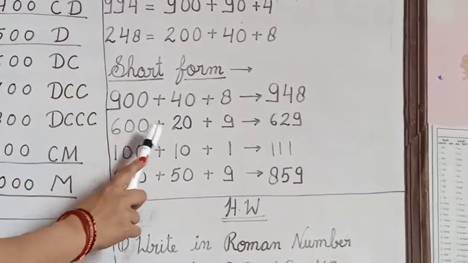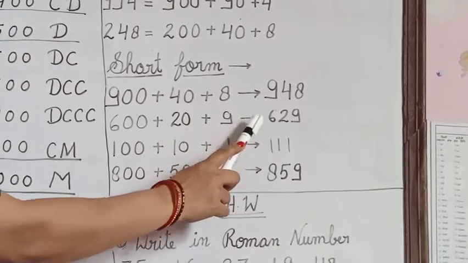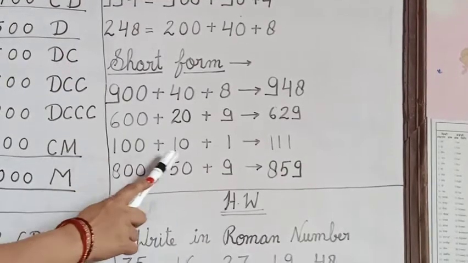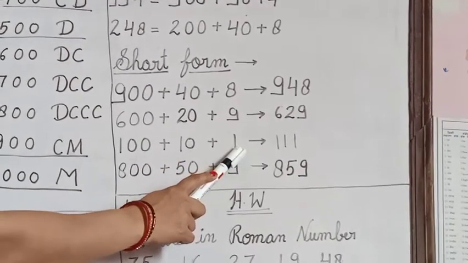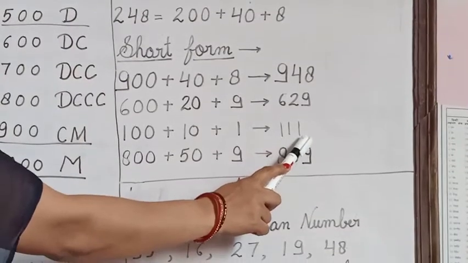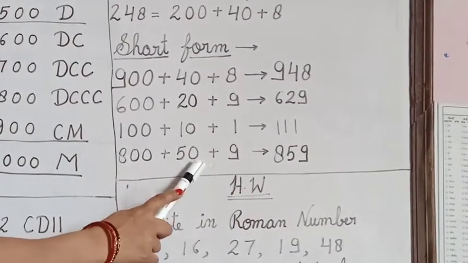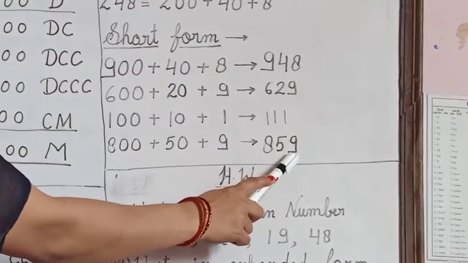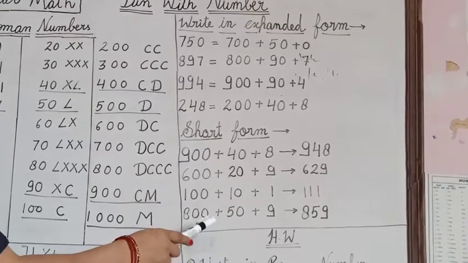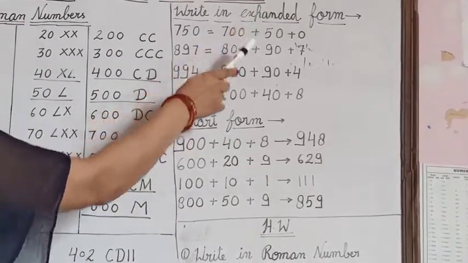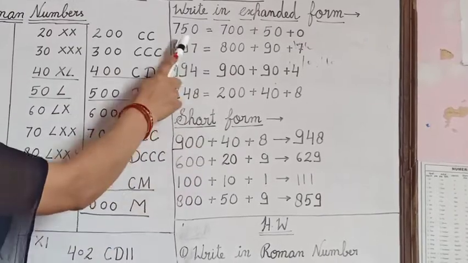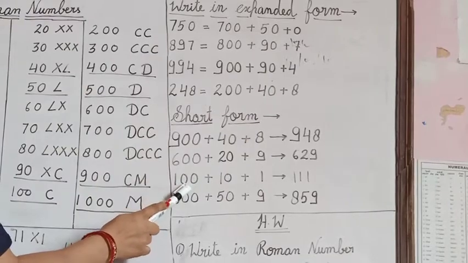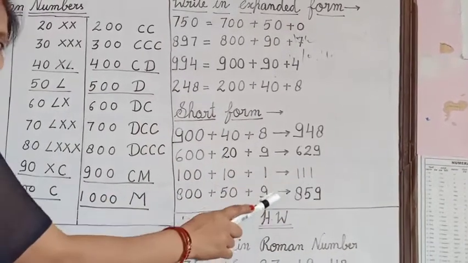Also 600 plus 20 plus 9, in short form, is 629. 110 plus 1, in short form, is 111. 800 plus 50 plus 9, in short form, is 859. 59, so it is a short form. Now there is an expanded form and here is a short form. When you have a short form, write it in expanded form, and when you have an expanded form, write it in short form. Okay, that's clear.